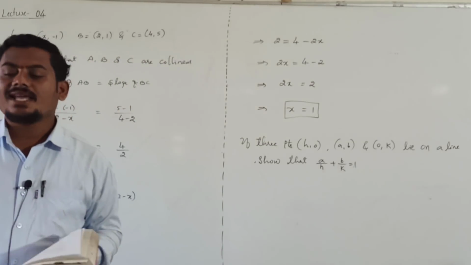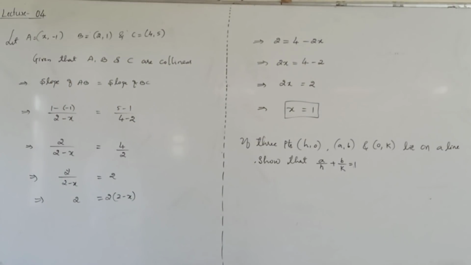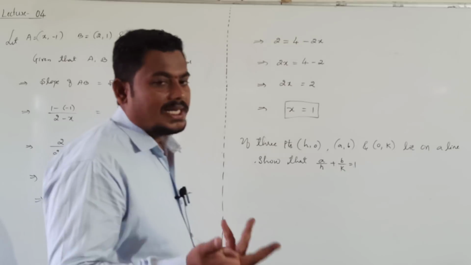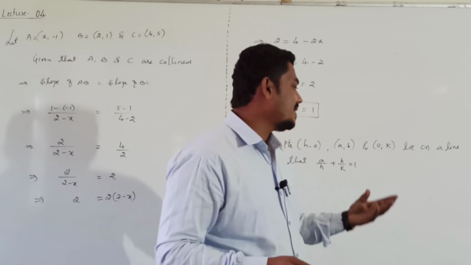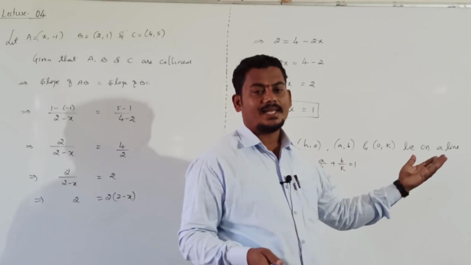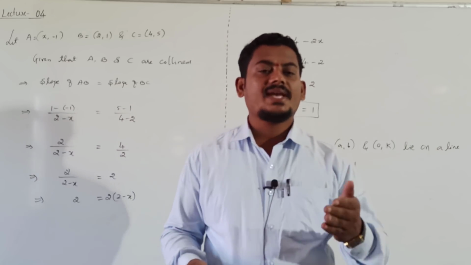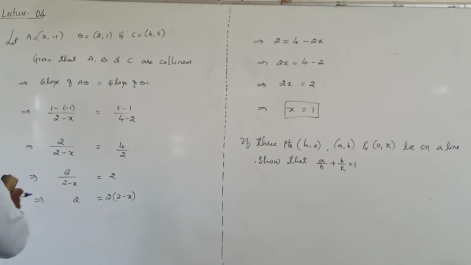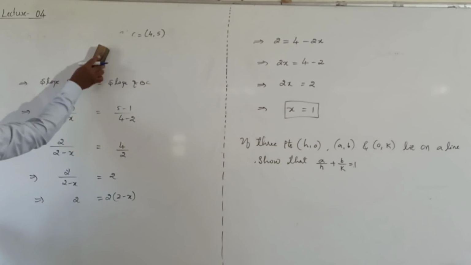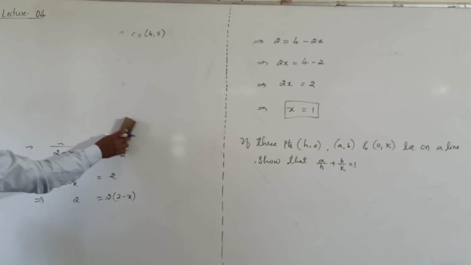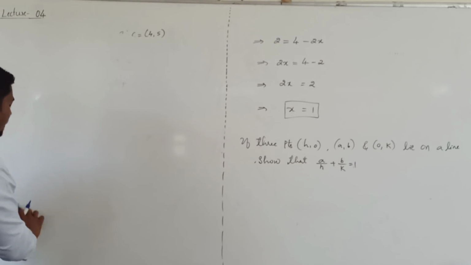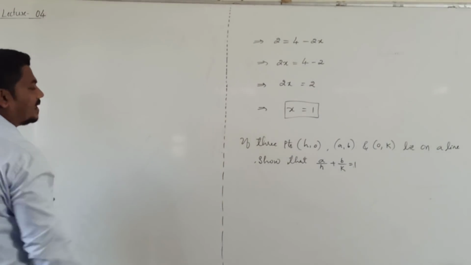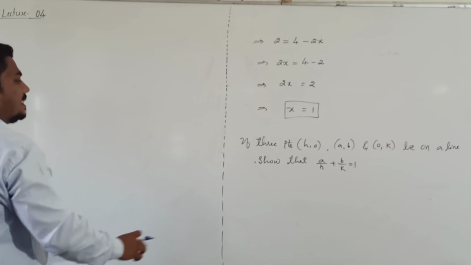Lie on a line means lie on the same line. Lie on a line means they are collinear only. What they have given is that 3 points are collinear, then show that a divided by h plus b divided by k equals 1.